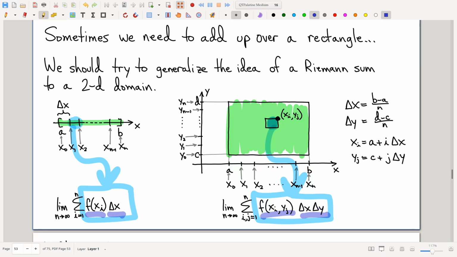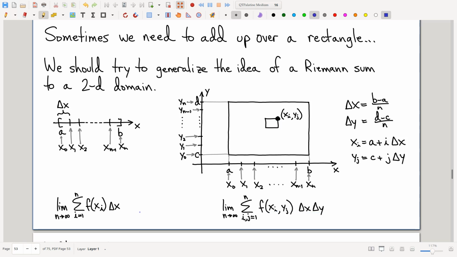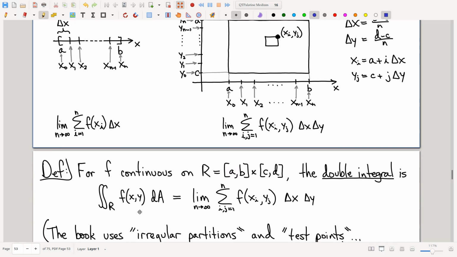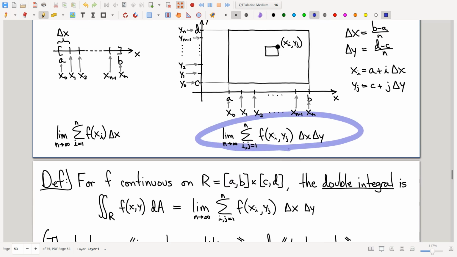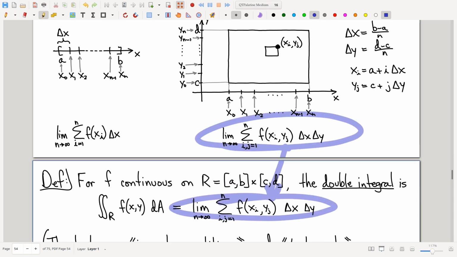So, the copycatting in mind, that's where the definition of an integral is going to come from. I'm just going to literally take this expression right here and say, yeah, that's the two-dimensional analog of a single variable integral. So this is what we call a double integral. This is the notation that we're going to use.